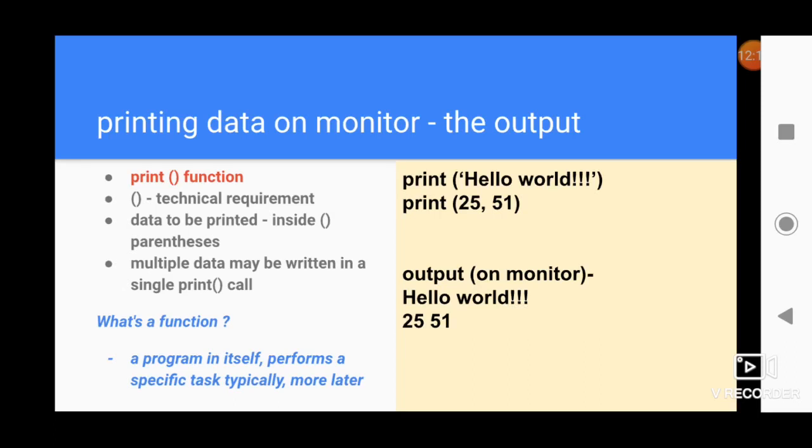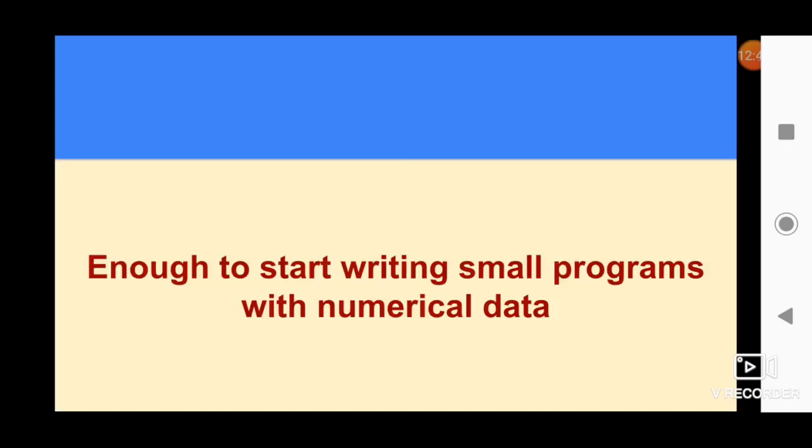Okay, so any function performs a specific task, and a function, once it is written, may be used by any program. So it is not necessary that only a single task is done by a function, but typically functions do one specific task only. Thank you.